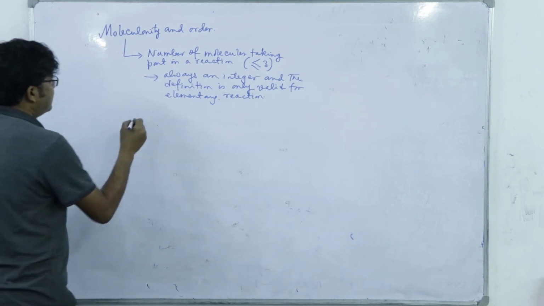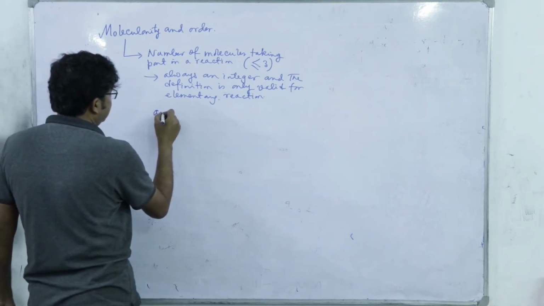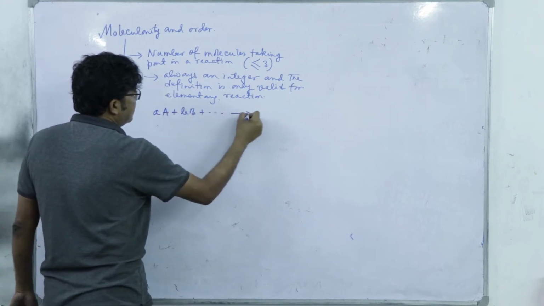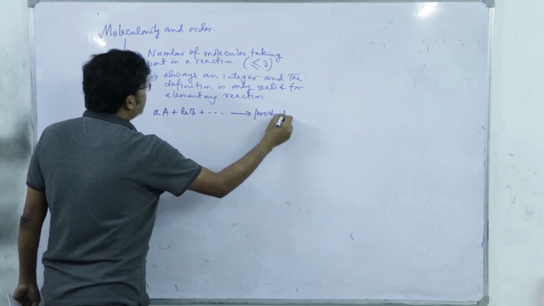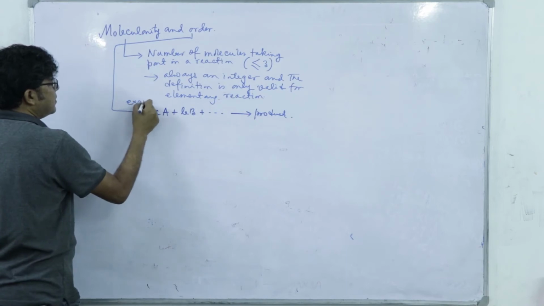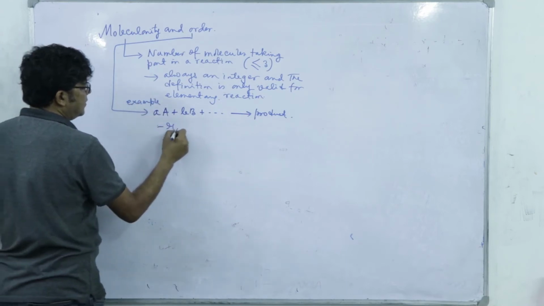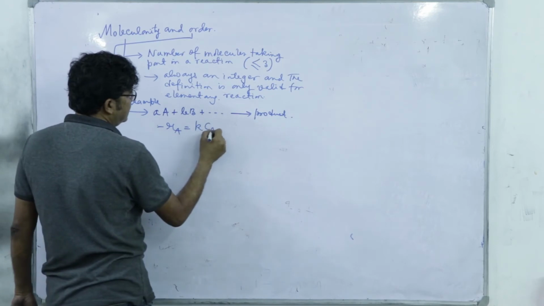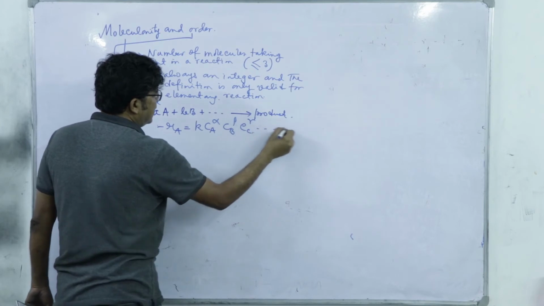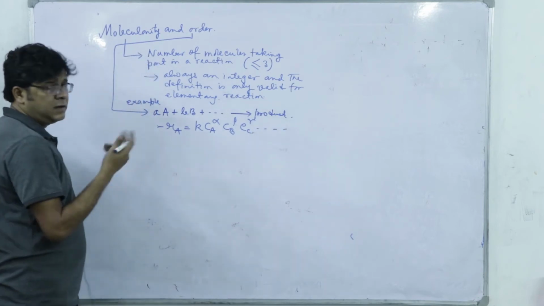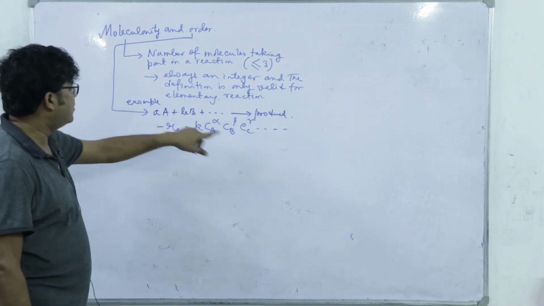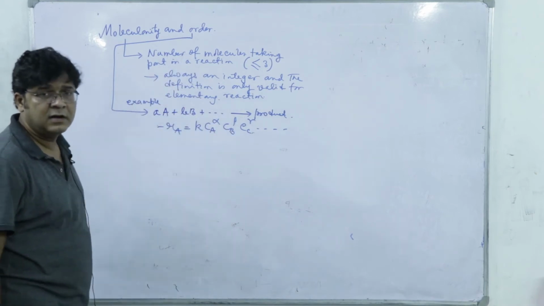On the other hand, if I have a reaction aA plus bB giving product, and the rate expression minus rA is k CA to the power alpha, CB to the power beta, CC to the power gamma, etc., etc. Now, see, alpha may not be equal to a, beta may not be equal to b, gamma may not be equal to c here, right.